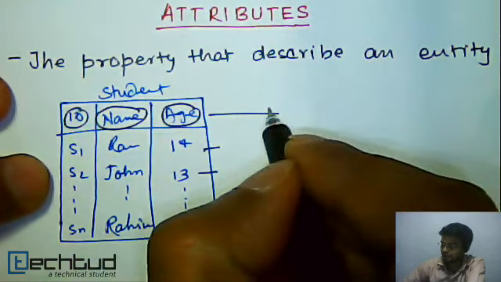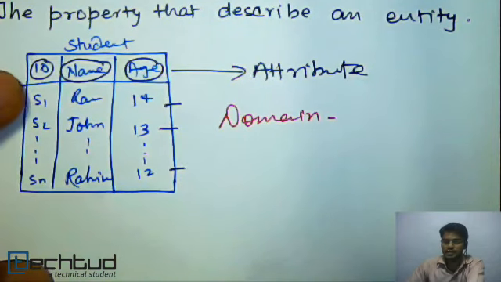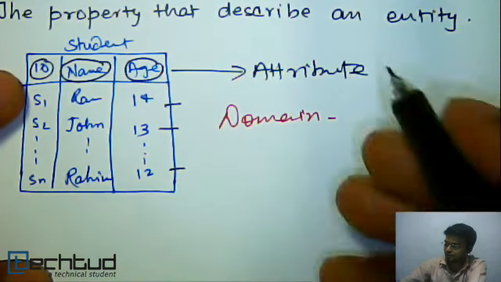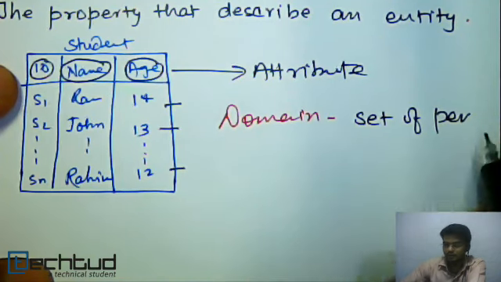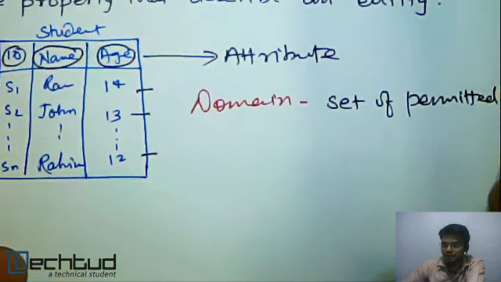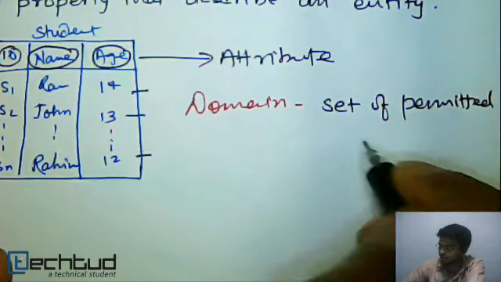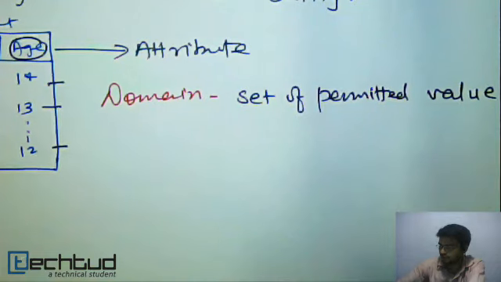Now let's understand domain. Domain is set of permitted value.